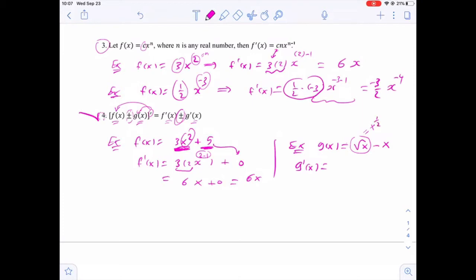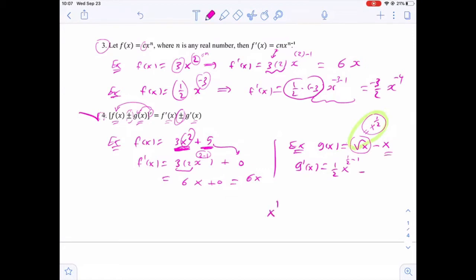So this is x to the power 1/2, and then we apply the power rule here. 1/2 x to the power 1/2 minus 1, that's the derivative of the first expression, x to the power 1/2 or square root x, and then we differentiate x.